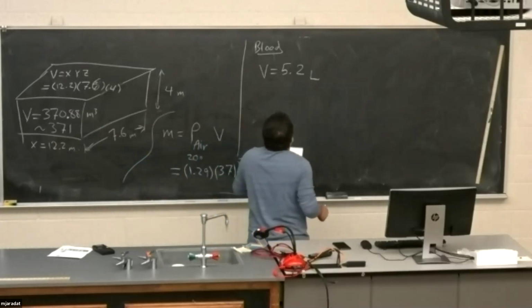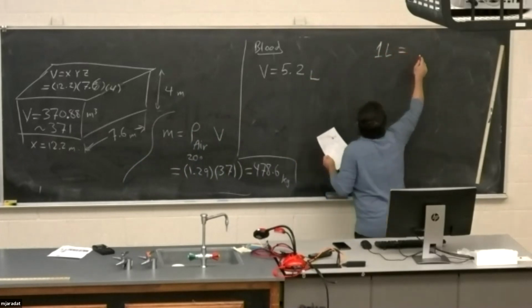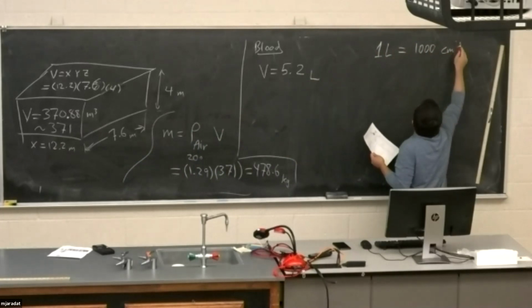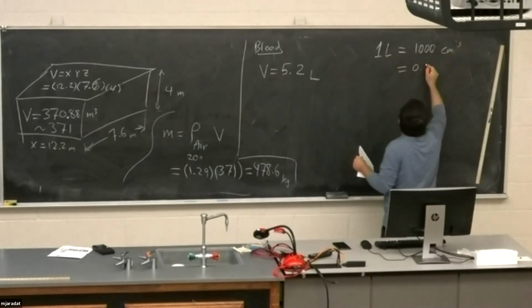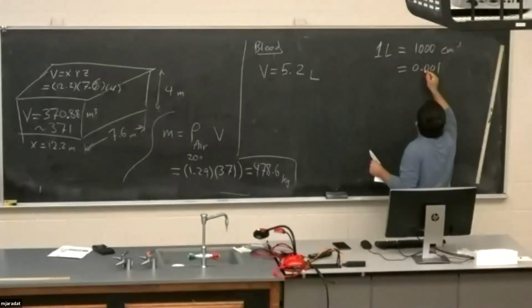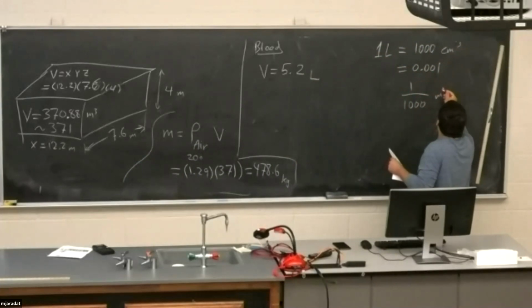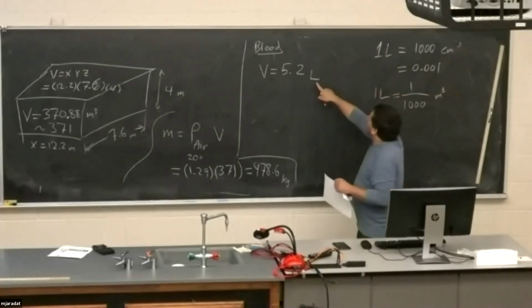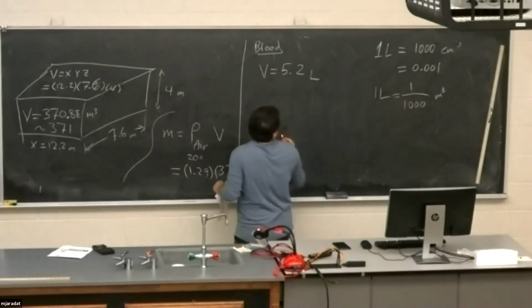Okay. 1 liter is equal to 1,000 centimeter cube. Also, it is equal to 1 over 1,000 of a meter cube. This is 1 liter. So I need to convert it to a meter cube.